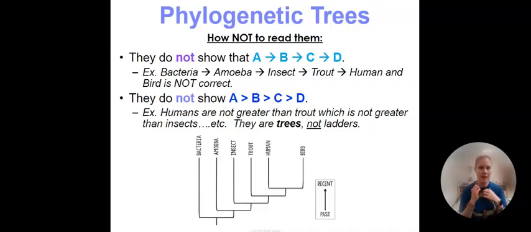It's like a family tree: your cousin did not come from your grandparents' line through you, you're just related. They also do not show that one species is more evolved or better than another. They are not ladders. They are simply a family tree of how closely or distantly related groups of organisms are to each other.